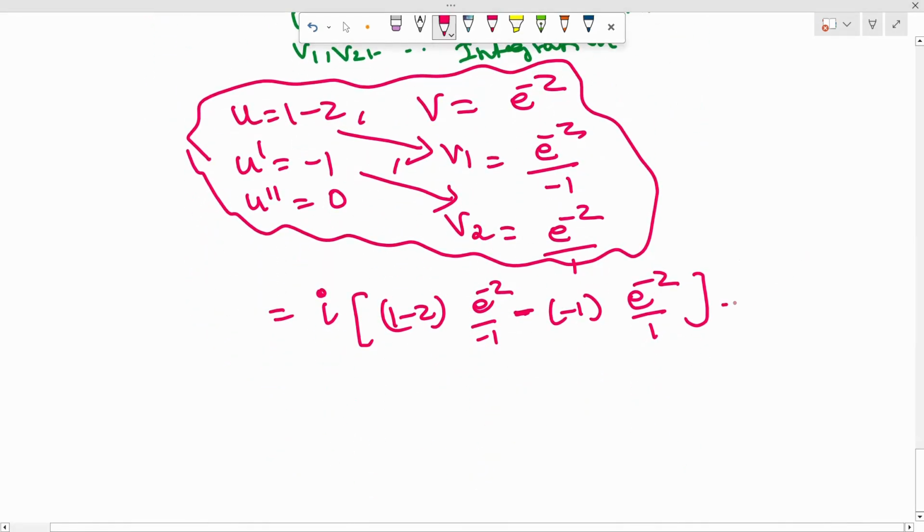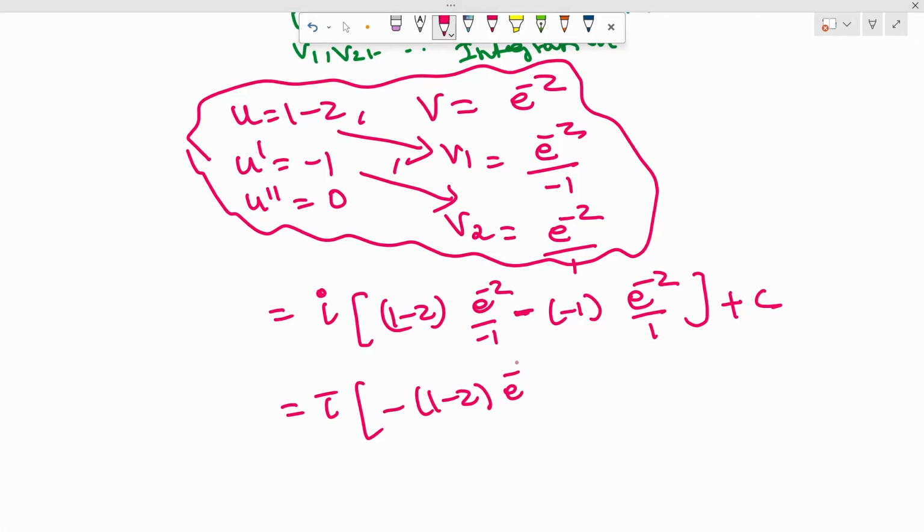Plus the constant c. i into minus, this negative sign, of 1 minus z into e power minus z, minus to minus plus e power minus z, plus c.